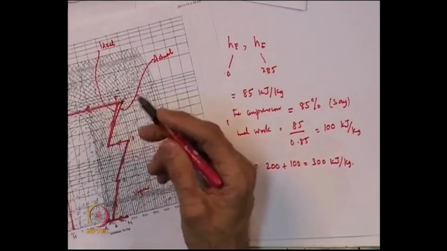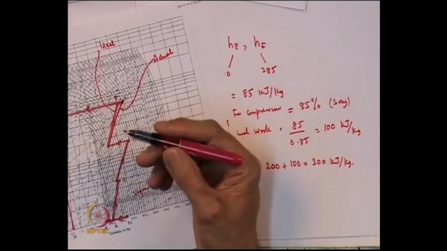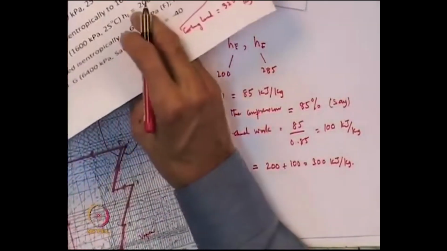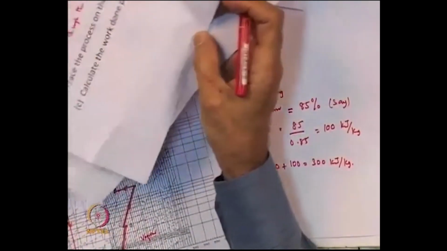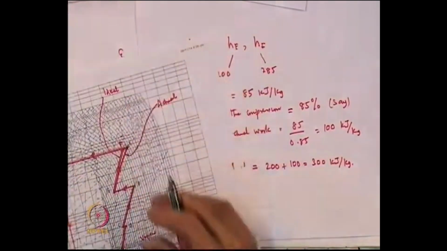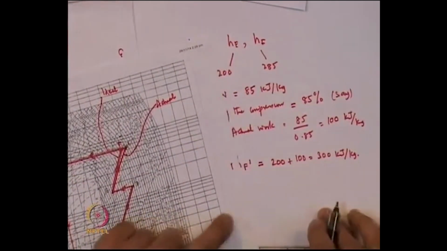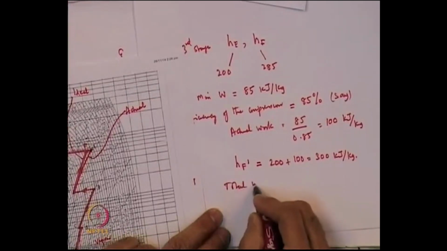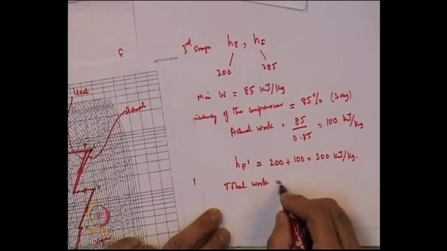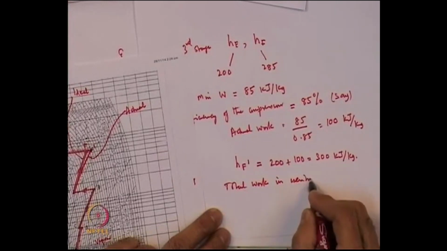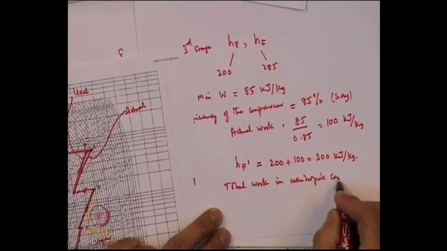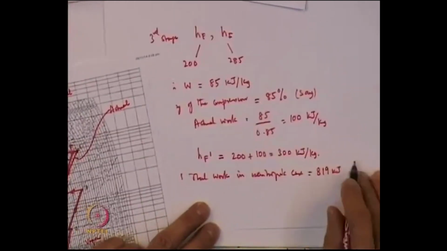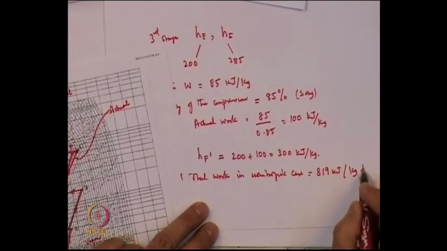Correspondingly, if all the compressors have an efficiency of 0.85, the total work that we calculated earlier, the sum of the 3 terms, we got 819 kilojoules. So, the total work in the isentropic case is 819 kilojoules per kg of dry ice.